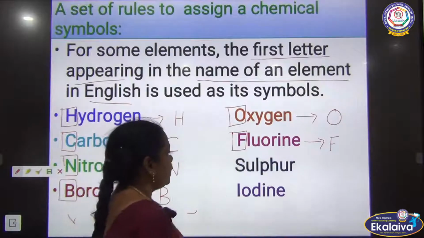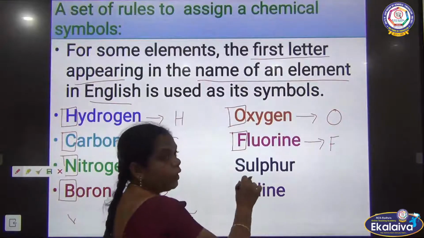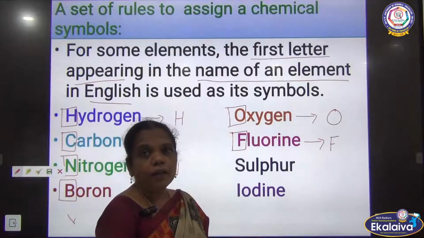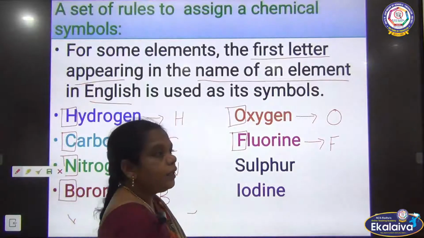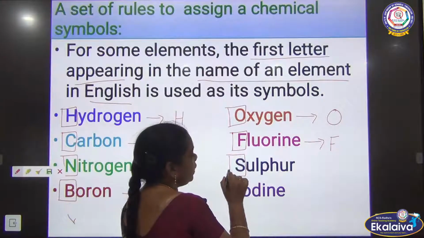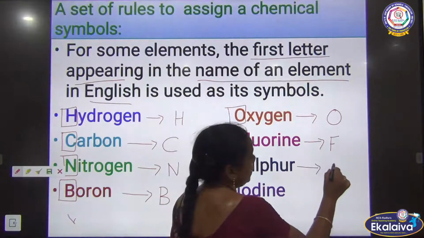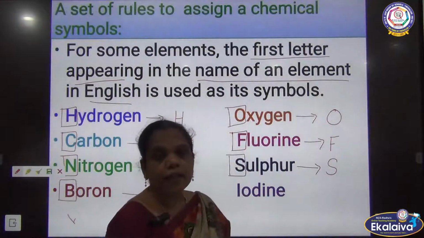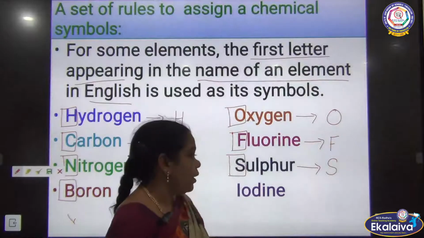Fluorine, F. Next, sulfur. Can you say the symbol for sulfur? Yes, the symbol is S, because the first letter of sulfur is S. So S represents the element sulfur. And next one?